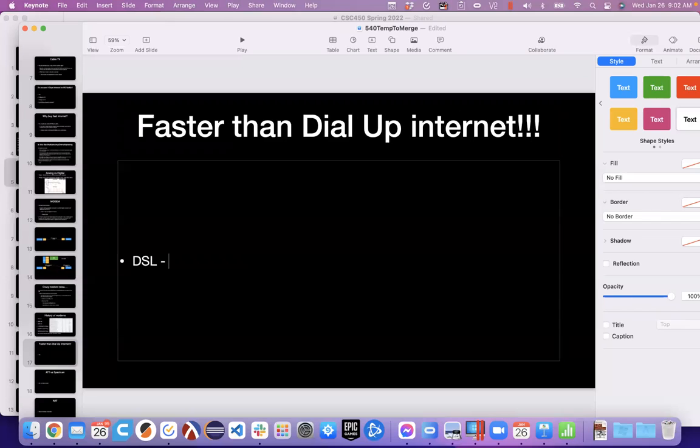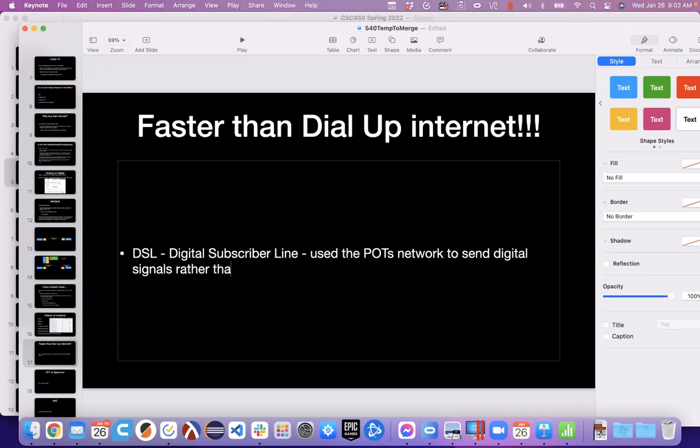So let's start with DSL. This is a digital subscriber line. This uses the POTS network to send digital signals rather than analog signals.